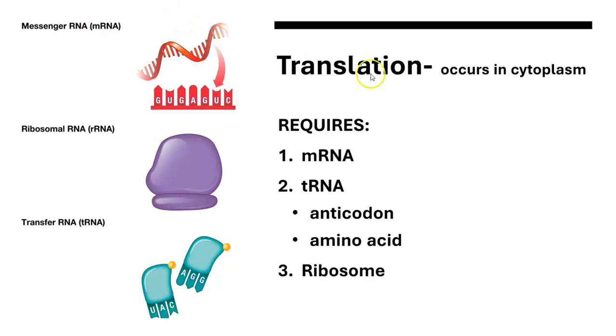So translation, as it says, occurs in the cytoplasm. We need our messenger RNA strand, which you see in red at the top there, but there's a few other characters that we need to introduce at this point. So we also have what's called the transfer RNA. This is another RNA molecule, and they've drawn it out to represent it like this.